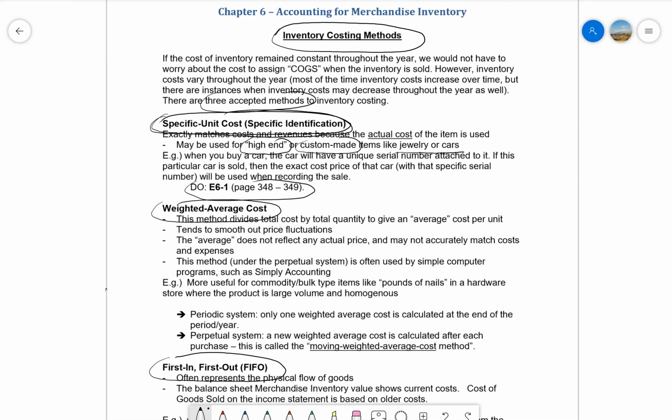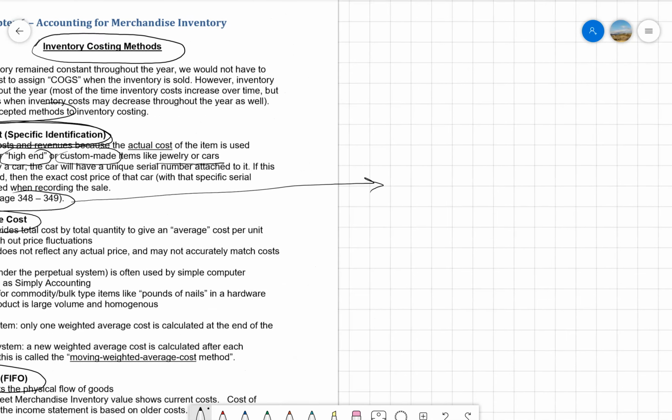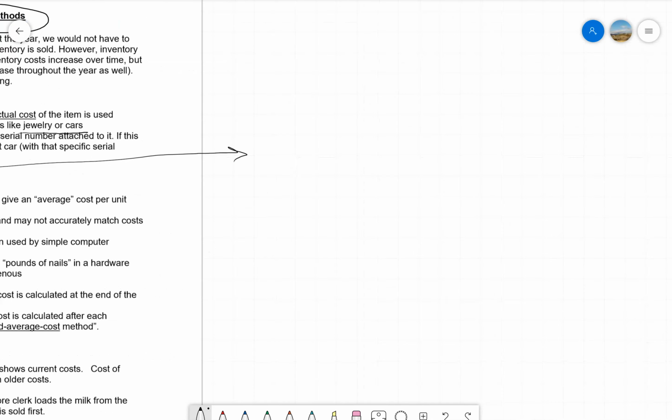Okay, let's have a look at this exercise 6-1 and this specific inventory costing method. So for exercise 6-1, we have this company that sells transformers, and they bought a bunch of transformers. There's 4. There was 2 on hand at the beginning of April, and then during the month they bought 2 additional ones.